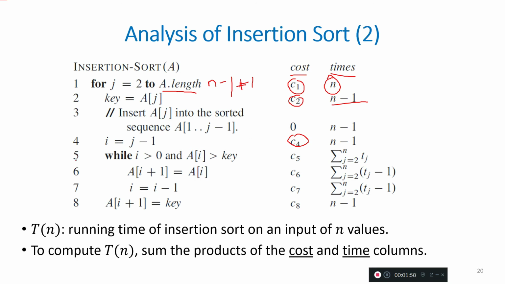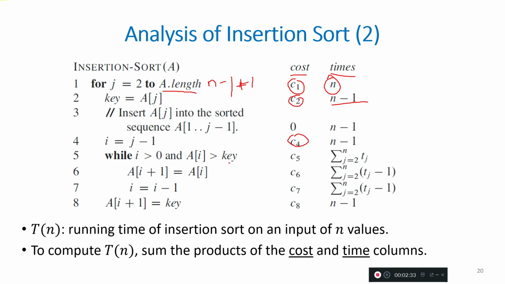Now we get to instruction number 5, which is a while loop. And this is a very important point. For every iteration of the for loop, we do not know how many times a while loop would execute. Depending on the key value, the while loop may not execute at all and you may not get into 6 and 7. A while loop may execute once, twice, or n minus 1 times based on the key value.